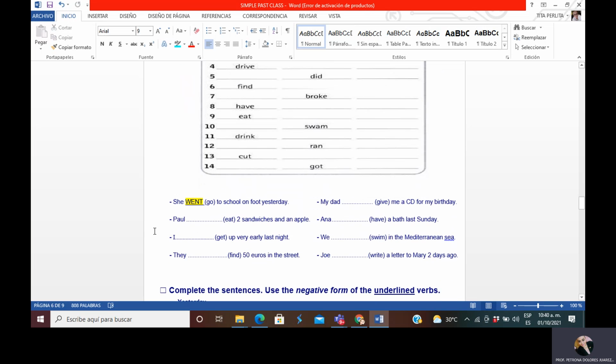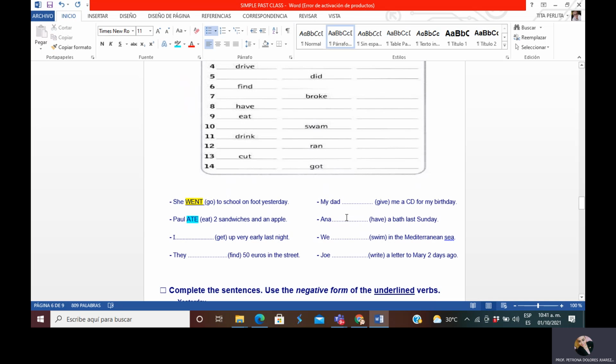Vamos a hacer esta. Paul eat 2 sandwiches and an apple. Paul se comió 2 sándwiches y una manzana. Para pasarlo al pasado, no voy a poner eaten porque es un irregular. Voy a colocar ate, porque el pasado de comer, si se fijan en la lista de verbos, que es lo que quiero que chequen, sería ate.